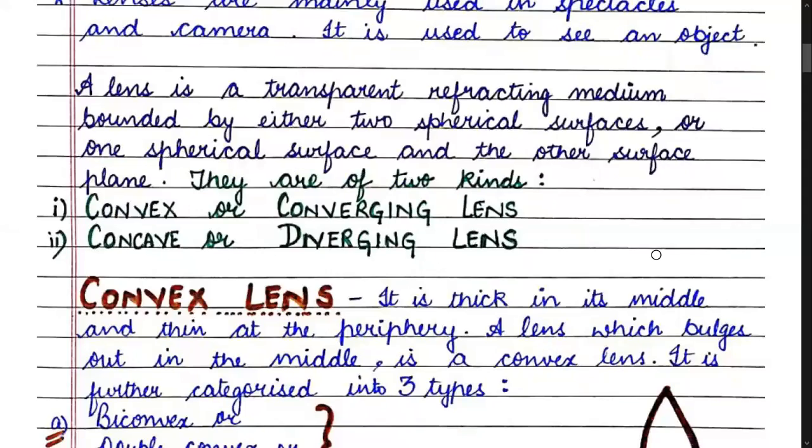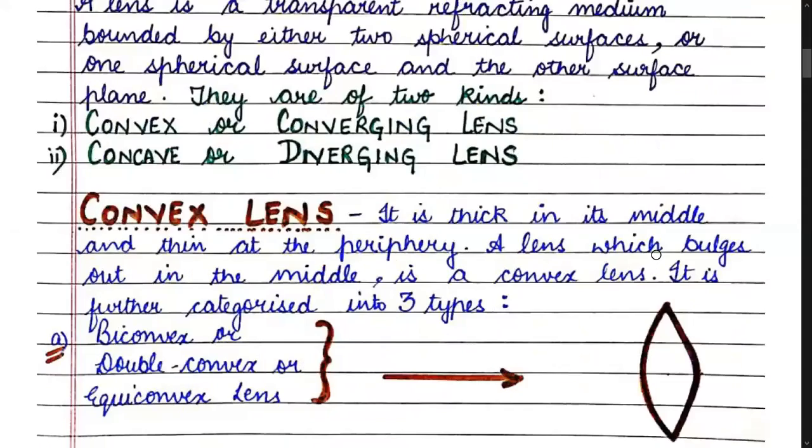Now coming to the first lens, that is convex lens. Students, in convex lens, it is thick in its middle and thin at the periphery.